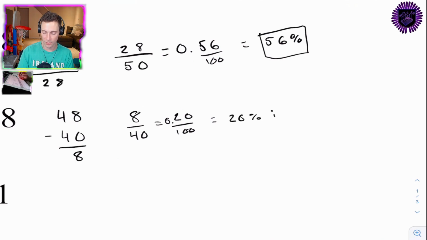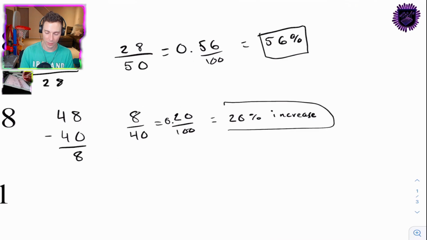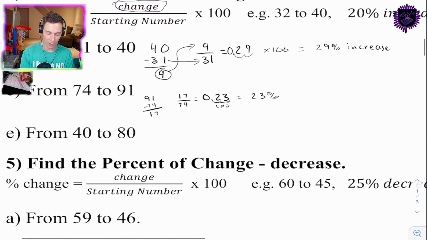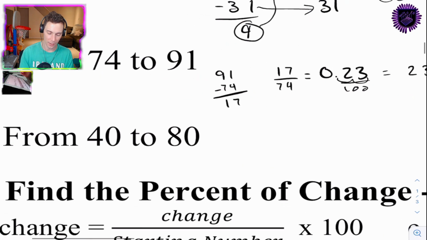All of this is increase. These are all increases. It's important to note that, actually. 40 to 80, that's a double. That's going to be an increase of 100%. Let's check it out.